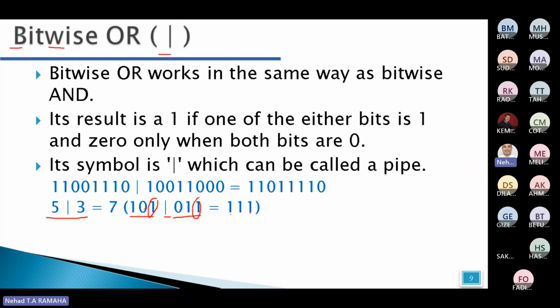So what's this number? This 1, this 2, this 4, plus, so it's equal to 7. So 5 or 3 is equal to 7.